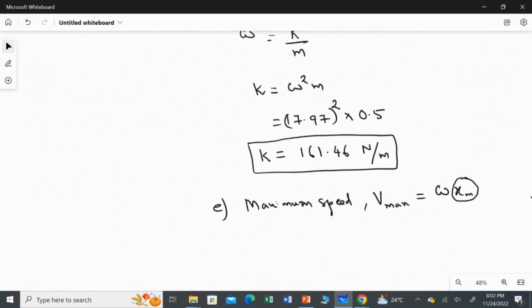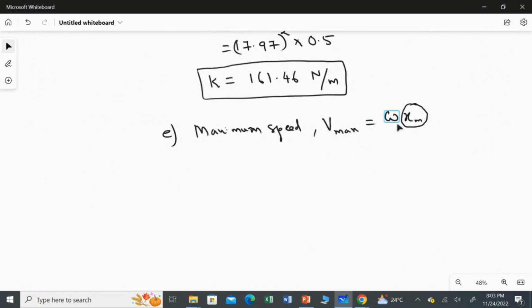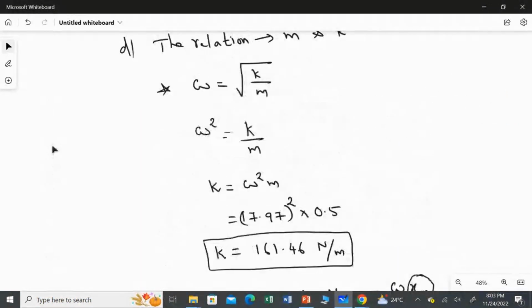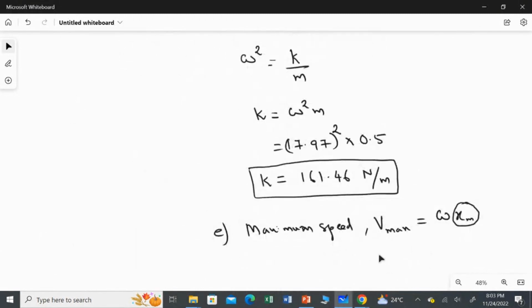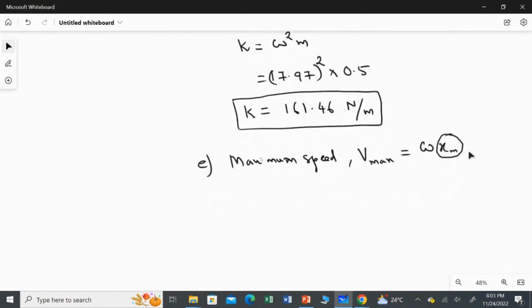We have both values: in the third part we already found the value of omega as 17.97, and the amplitude is mentioned in the question as 35 centimeter, right? So I am going to substitute the values here.